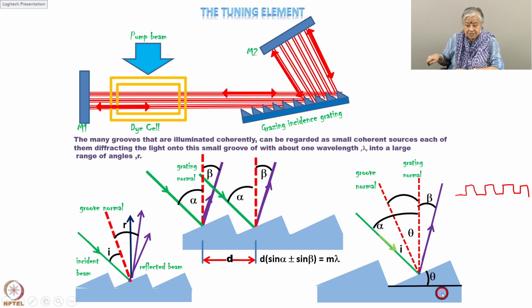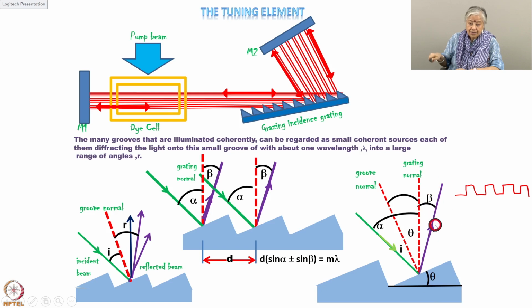You can easily see this comes here. So, i is the angle of incidence, okay, that is between this and this, but here alpha that I have shown, alpha is always the angle of incidence with respect to the grating normal, and beta is always the diffraction angle, angle of diffraction related to the grating normal.